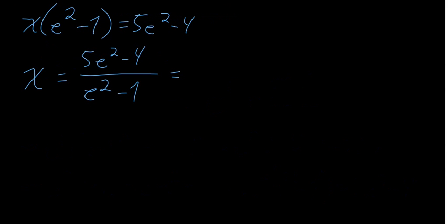So that's e squared minus 4 divided by e squared minus 1. That's 5.1565. And that's it. That was painful. Sorry about that. 5.1565.